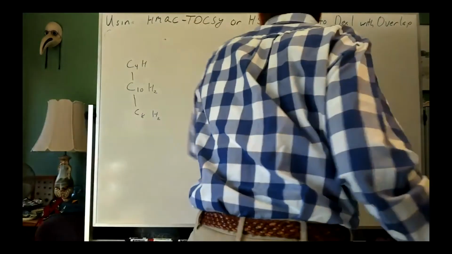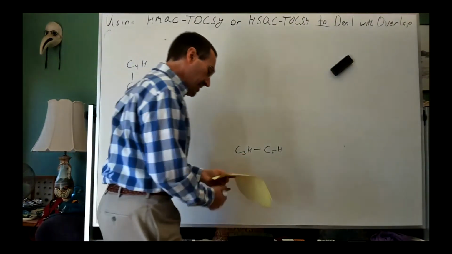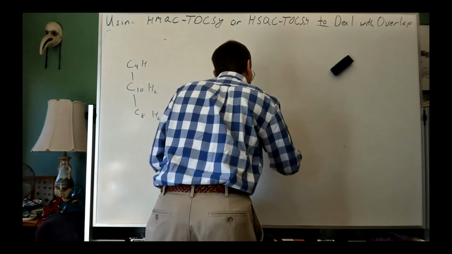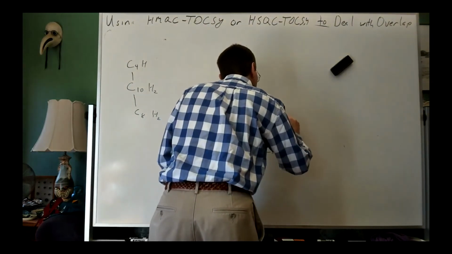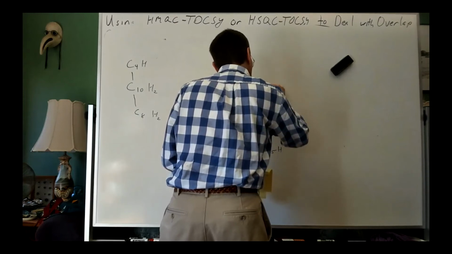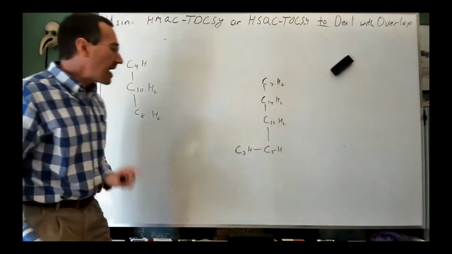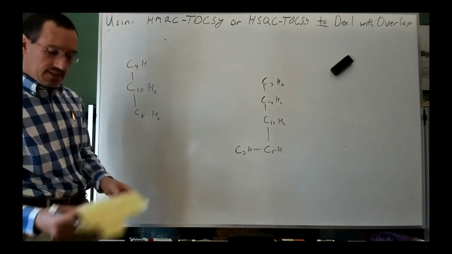So we go from C3H to C5H to C12H2 to C14H2 to C7H2. We've blocked out our entire spin system.